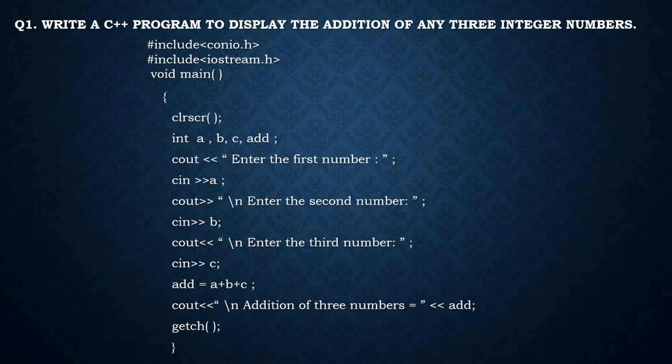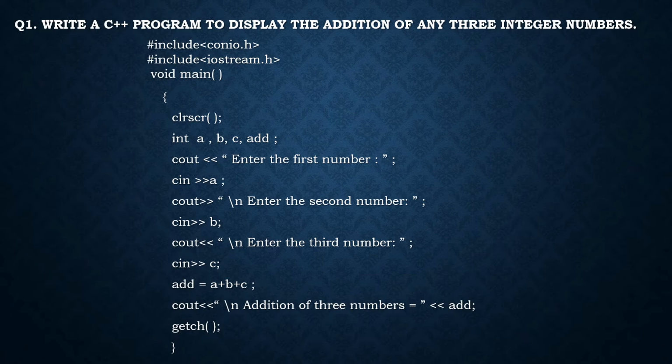See here, I have taken 4 variables. Why? Because 3 variables are used for storing 3 numbers, and they are integer numbers. That's why I have taken the data type as int, because it is given in your question. But if it is given that addition of any 3 real numbers, then you have to take float data type.